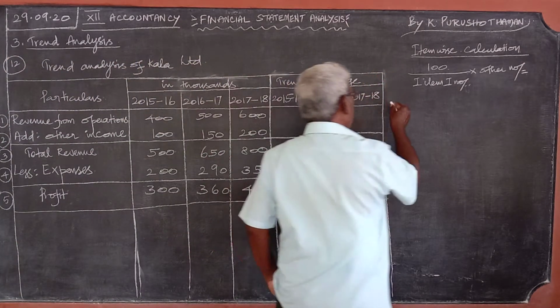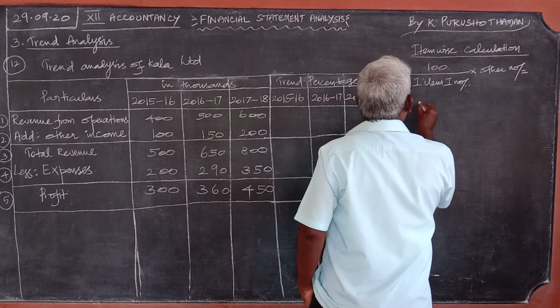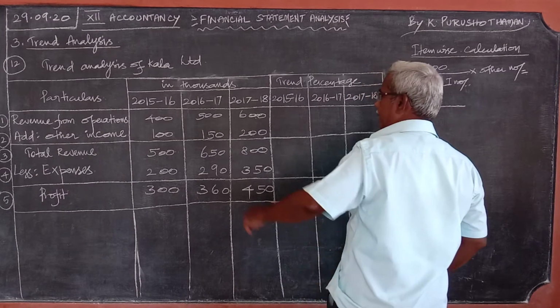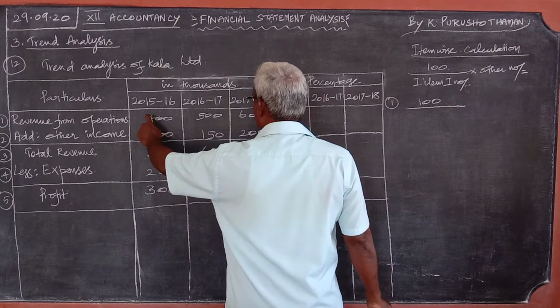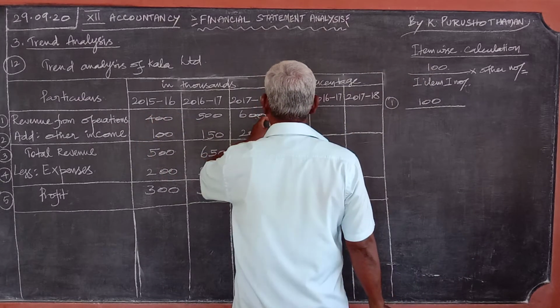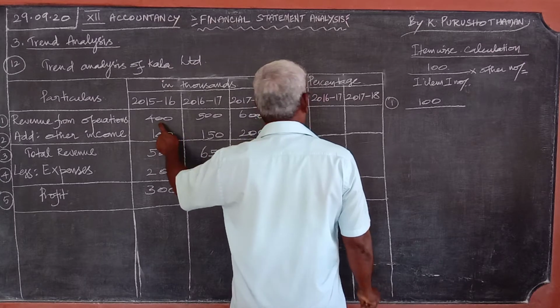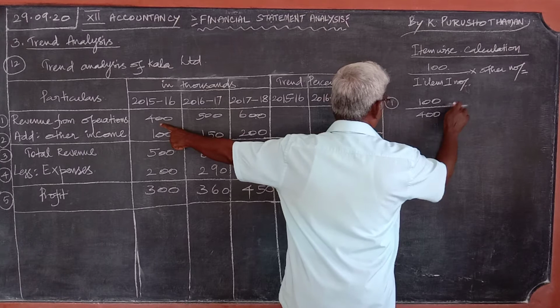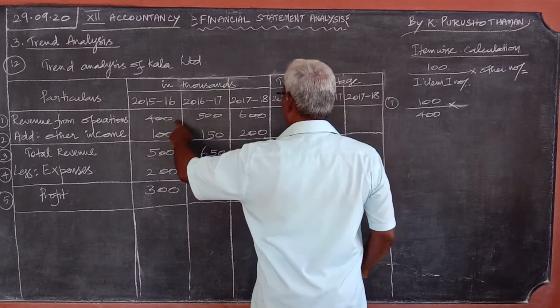How to find? We should use the formula: 100 by first item, first number. With this we should compare all of them. 400, 100 by 400 into the other number.